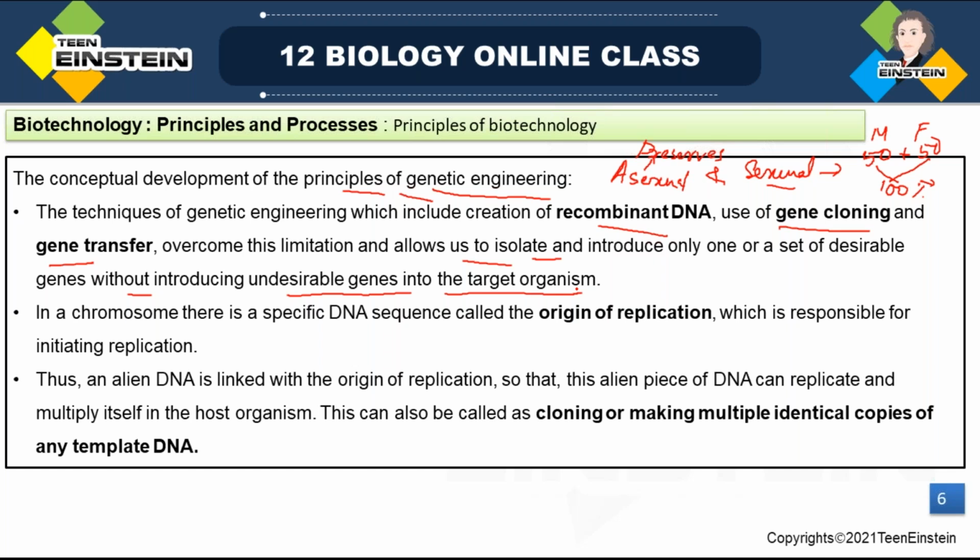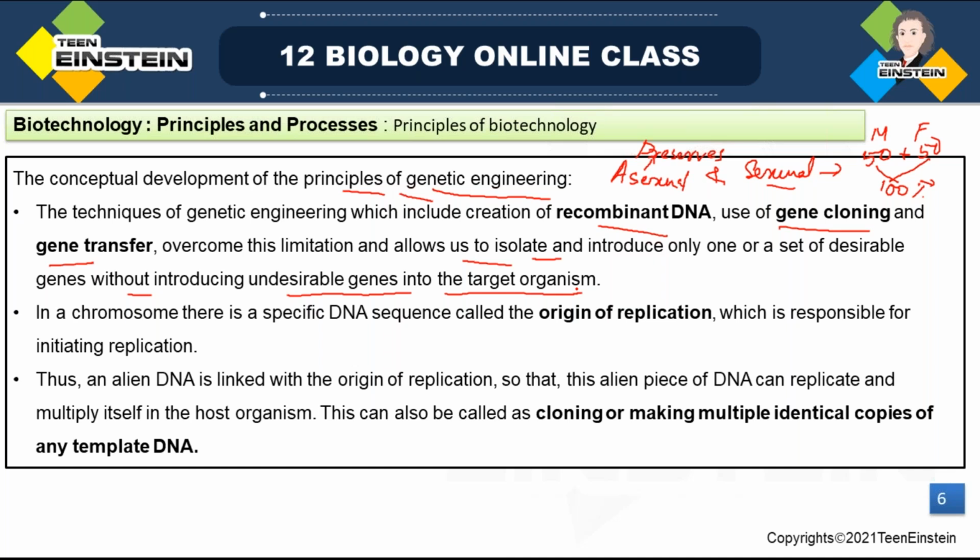In normal or traditional hybridization, what is happening? Along with the desirable genes, undesirable genes are also passing, because there we can't control or limit the passage of genes. But with recombinant DNA, or genetic engineering, we can produce recombinant DNA, do gene cloning, and then gene transfer.